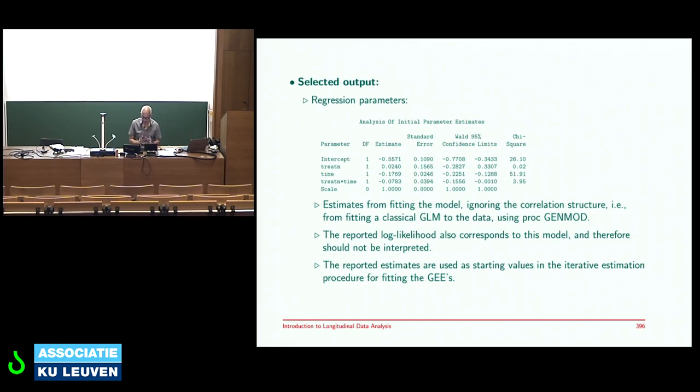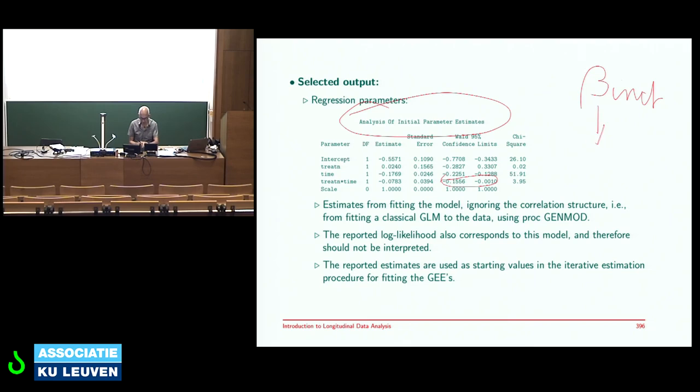And I've selected a bit of output, and what we see here, if we look at the output immediately, is, for the treatment by time interaction, so beta 3, the confidence interval excludes 0, so it looks like we have a significant effect, but we should be very careful. These are the initial parameter estimates. Remember, we have beta initial, from standard logistic regression, that's important.